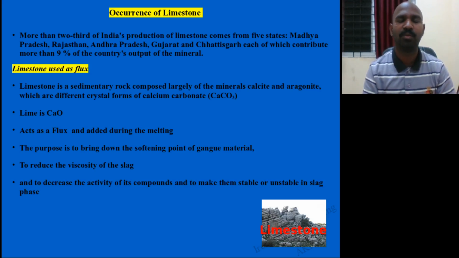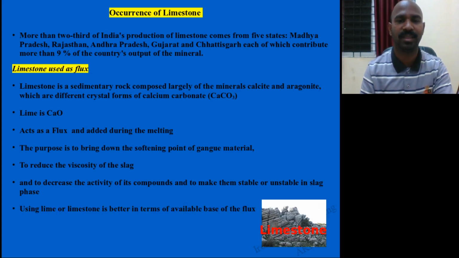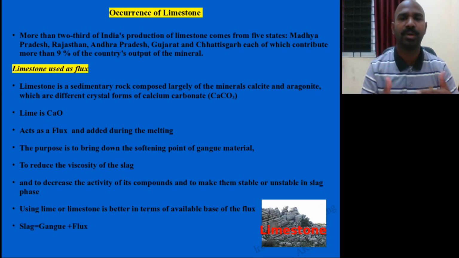And to decrease the impurities' activity and make the slag phase stable, so that as a stable phase you can remove the slag. This lime or limestone is mainly used as a flux. As I mentioned, slag is nothing but gangue plus flux.